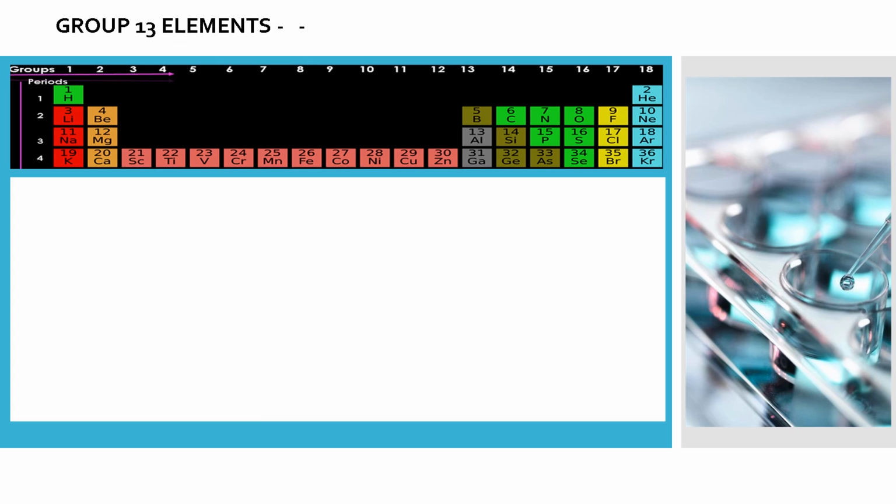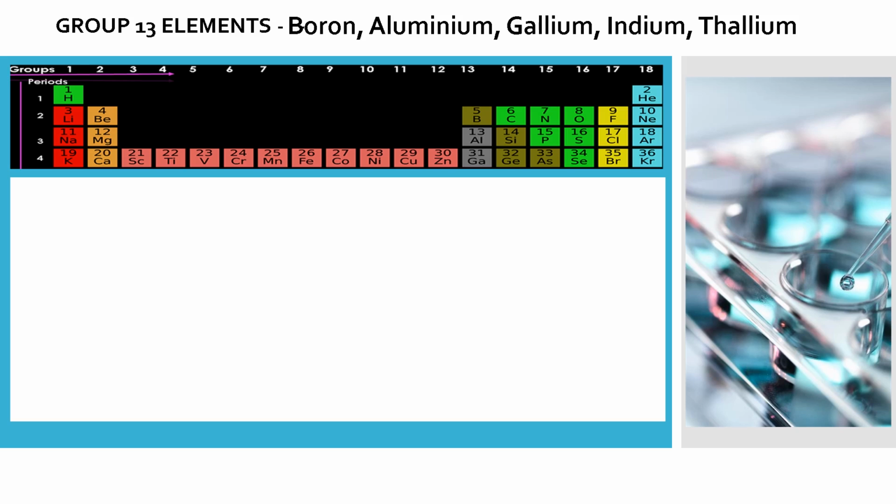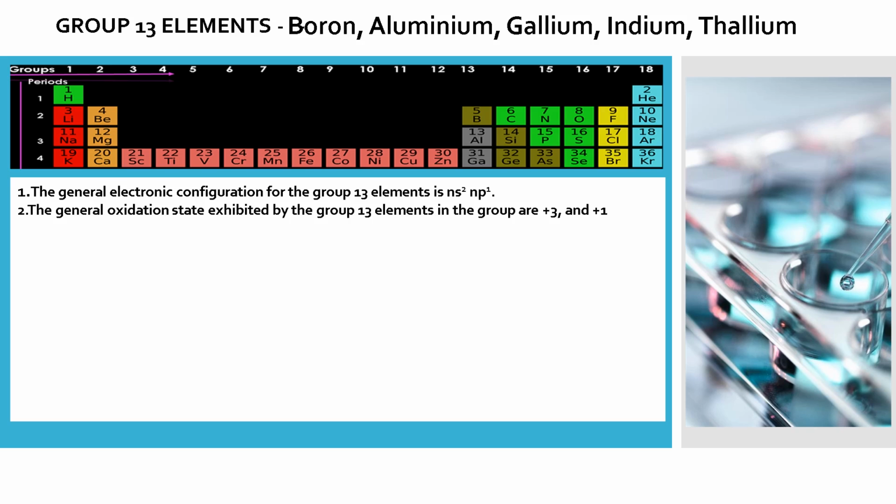So let us move to group 13 elements, which consist of boron, aluminium, gallium and so on. The general electronic configuration for this group is ns2 np1, 3 valence electrons. And so it exhibits an oxidation state of +3 and +1.